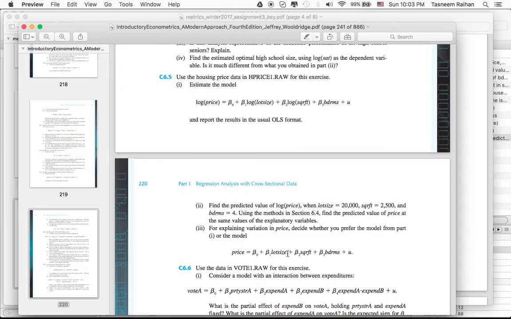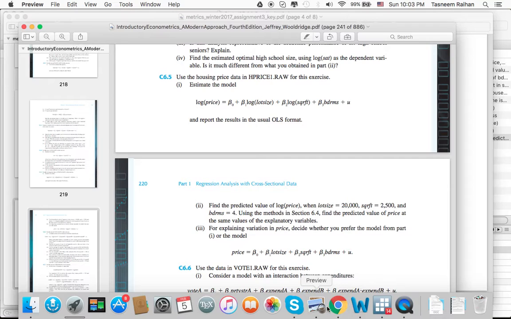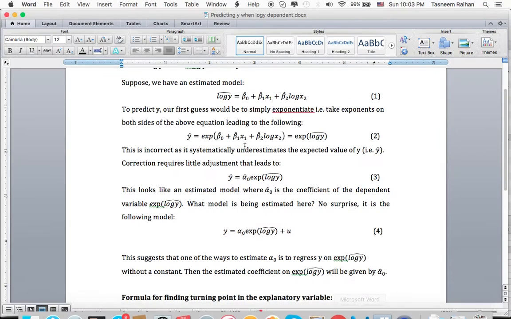remember, what is r squared? R squared is a correlation between the dependent variable and the predicted variable, right? So it's the correlation between y and y hat. Let's just go back to what I wrote before here.